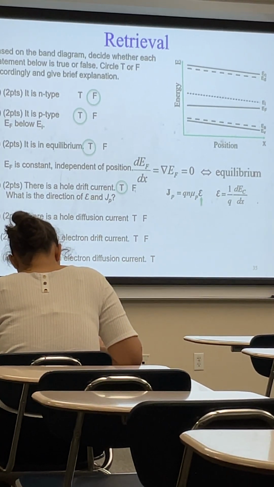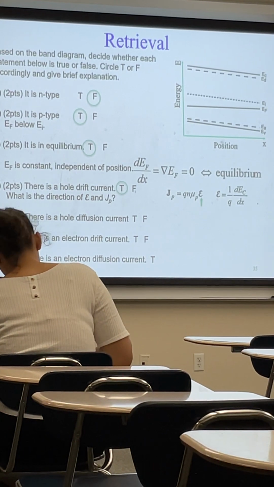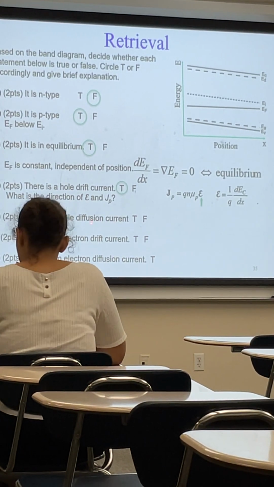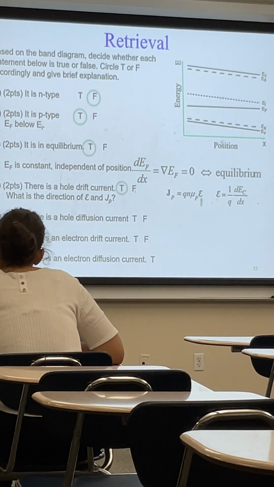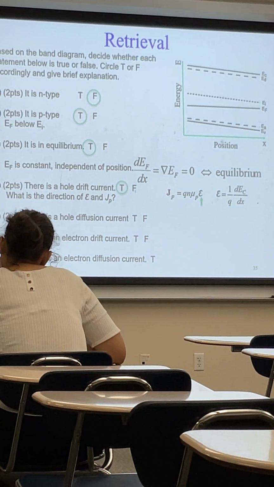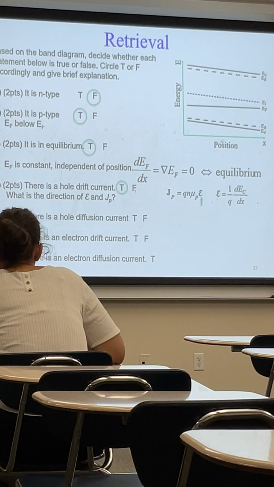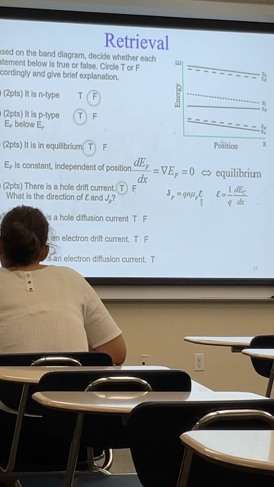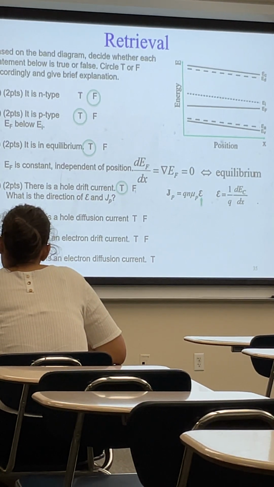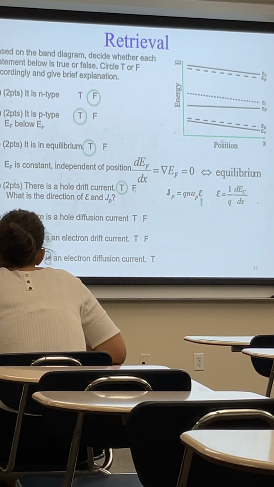So next, there is a hole diffusion current. True or false? What's the driving force? The electric field is the driving force for the drift current, right?